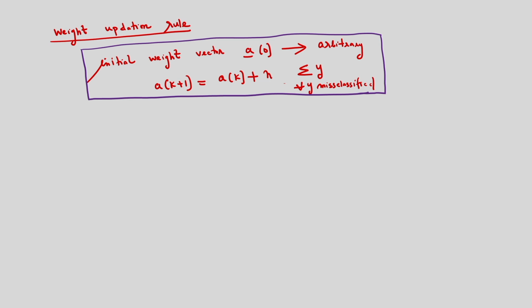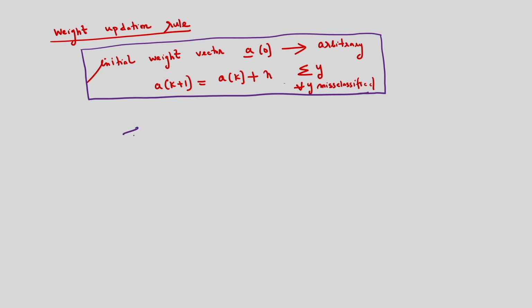If I apply this algorithm, we can finally find the weight vector which can classify all the samples correctly. So we can find the best weight vector which can classify all the samples correctly.